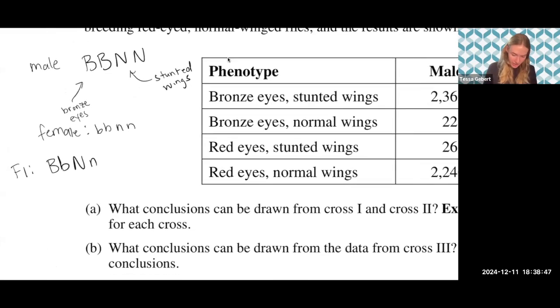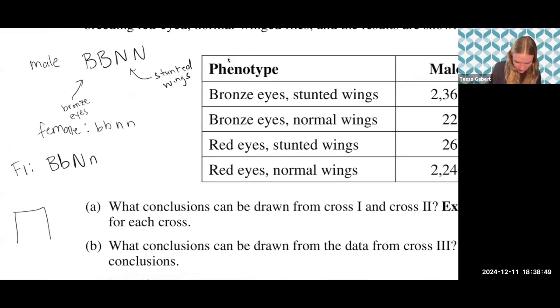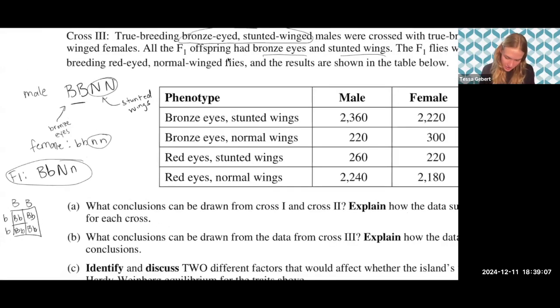And if you're wondering how I got that, well, let's just do the 2 individual crosses. We have the big B from the male, the little b from the female. All my offspring are heterozygous for B. The same would be true for the big N's and the little n's. So these are all my F1s.